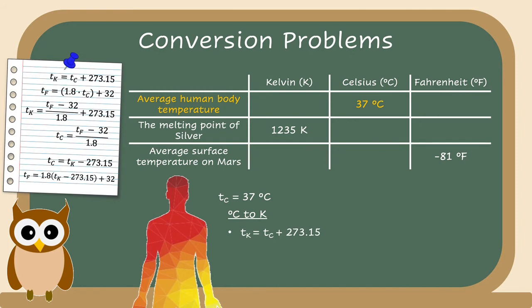So first, to convert from Celsius to Kelvin, we simply add 273.15. So 37 plus 273.15 gives us a value of 310.15 Kelvin.